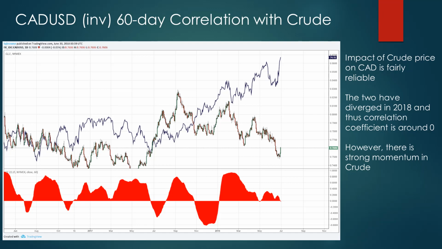Now, if crude does take a quick dive bomb because of developments in that market, then certainly keep an eye on CAD, because CAD could get pulled down with it. As of now, the 60-day rolling correlation is actually very close to zero. Now, things being cyclical, one might expect the correlation to build again, especially with crude's strong upward momentum.